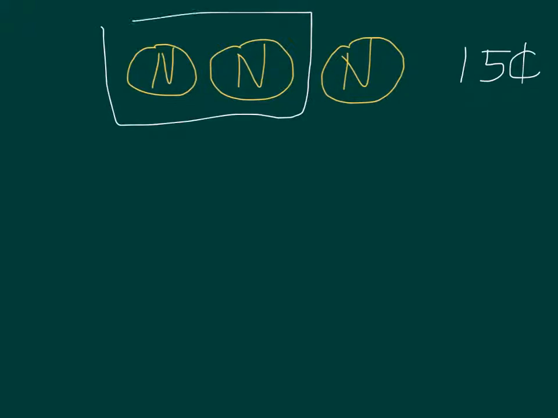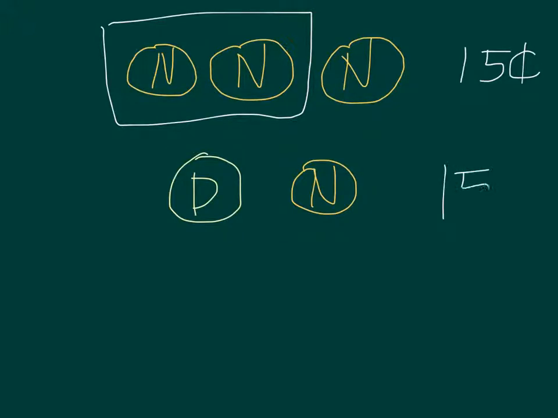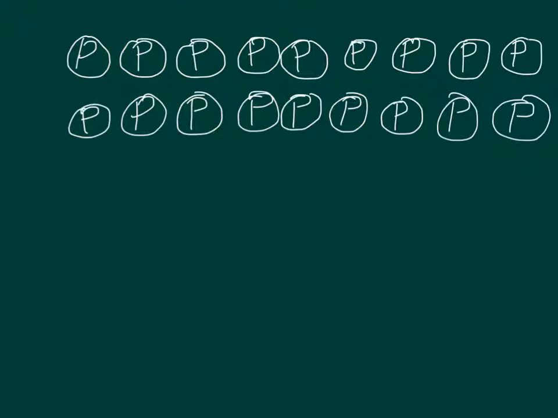I know that 2 nickels equals 10 cents. And I know that a dime is worth 10 cents. So I can exchange those 2 nickels for a dime. And I'm going to keep 1 more nickel. So when I count, I would go 10, 15. I still have 15 cents.